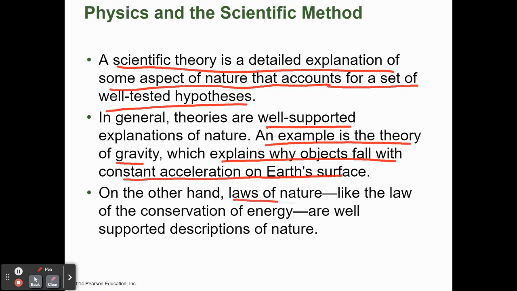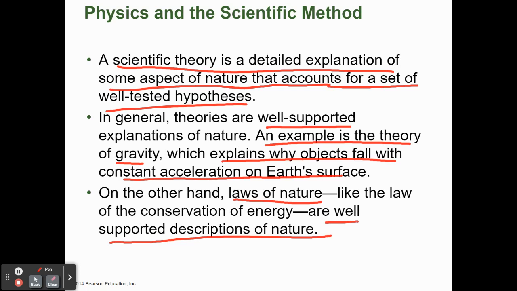Laws, on the other hand, laws of nature, are well-supported descriptions of nature. So we have something like the law of the conservation of energy. We call that a law, or the three laws of thermodynamics. We call those laws because they describe what's happening. They don't tell us why.